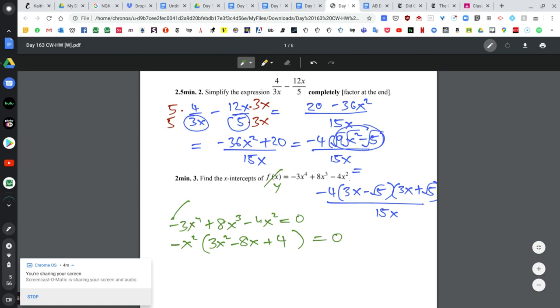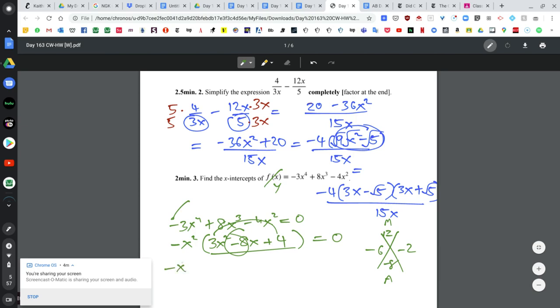What should we do now? Magic x for the inside quadratic. I need two numbers that multiply to 12 and add up to the middle number, negative 8. Get your signs right. They should multiply to positive 12 but add up to negative 8. Check if we get negative 6 and negative 2, or the other way around.